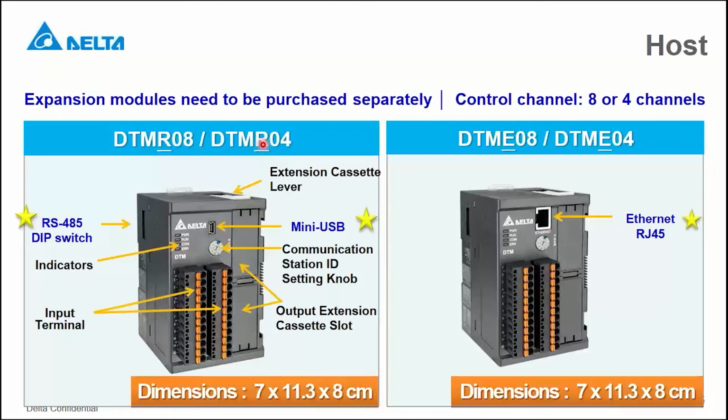Okay, then we go to the host unit introduction. Basically we have two types: the RS-485 type, where you can see the R, which stands for RS, and the Ethernet type, where you can see in the model there's an E. The dimension is quite slim, and there are some indicators and input terminals. This needs no screw work.